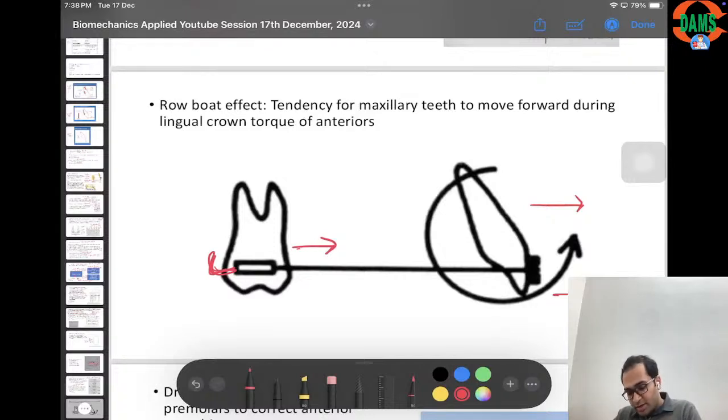The anteriors are getting proclined, and similarly, because the wire is attached to the posterior teeth, they also tend to come forward. So this is known as the rowboat effect, because of the tendency of the maxillary posterior teeth to move forward during lingual crown torque of the anteriors.